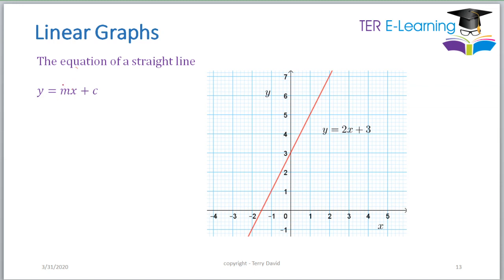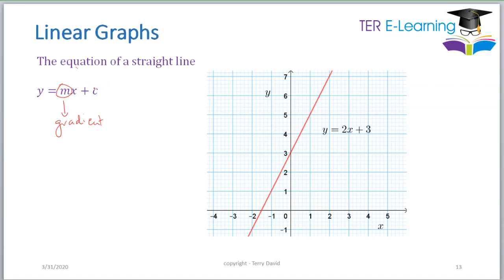There are two constants in this equation that are important to us, and that is this one here, this m. That m is what we call the gradient of a line. If you never heard the word gradient, it's simply the slope of the line. It measures how steep the line is.